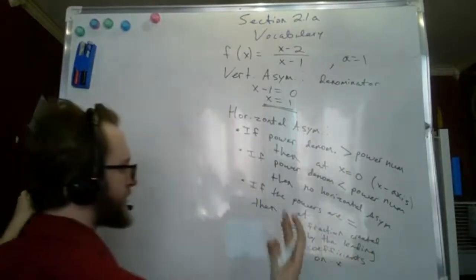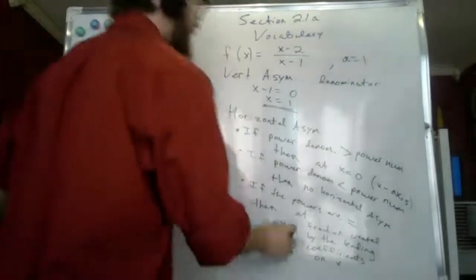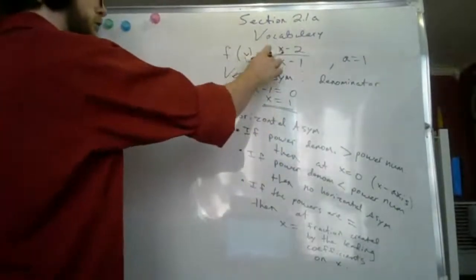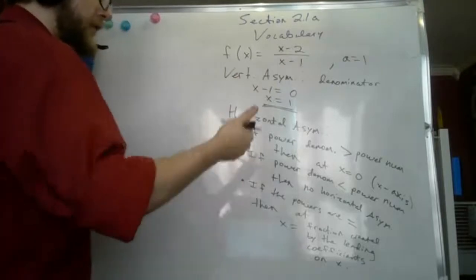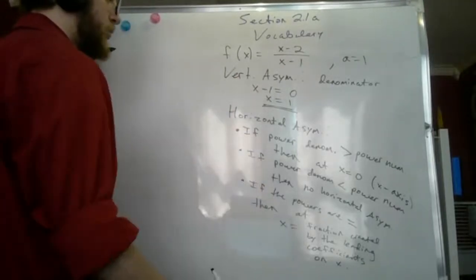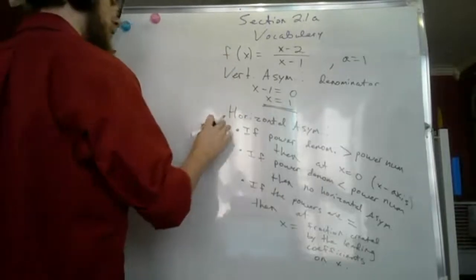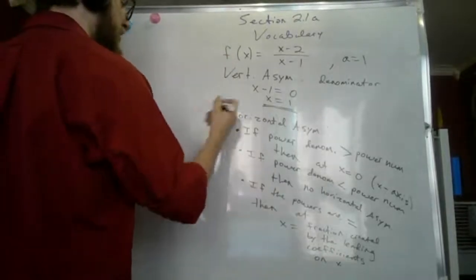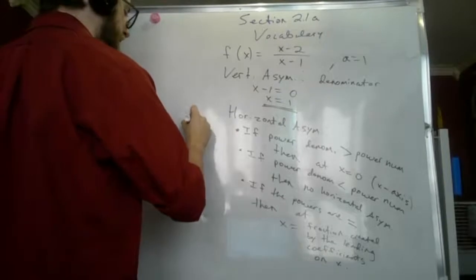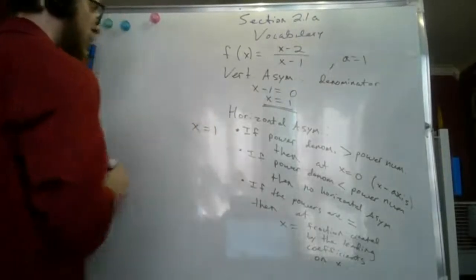And this is referring to x with the greatest power. So what does that mean in our case? Well, our leading coefficients are 1. So 1 divided by 1 is 1. So here we actually have, based on these rules, a horizontal asymptote at y equals 1.